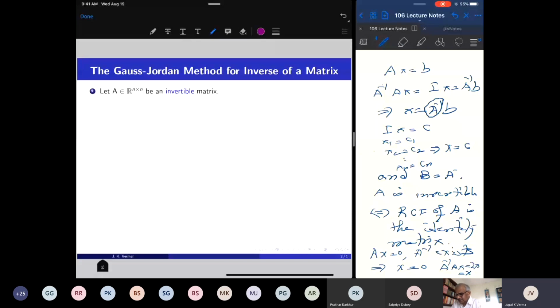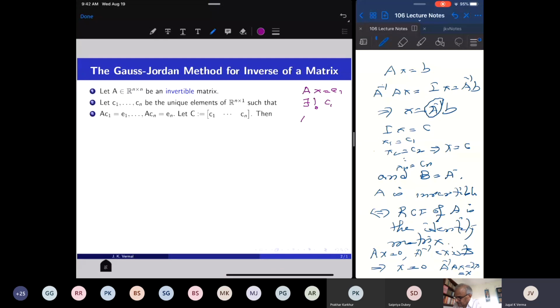So let's consider an invertible matrix A, and suppose C1, ..., Cn are unique elements so that AC1 is E1. We just proved that if I look at the equation Ax equal to E1, then there exists a unique C1 such that AC1 equal to E1.